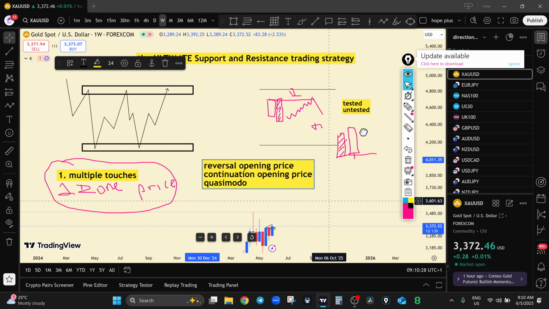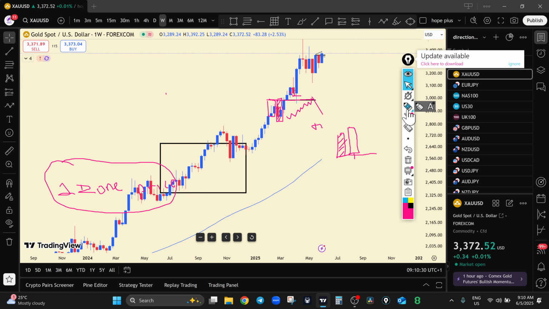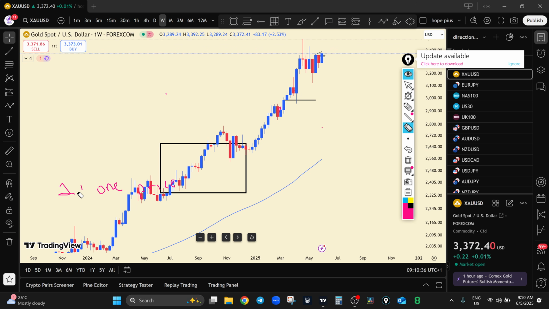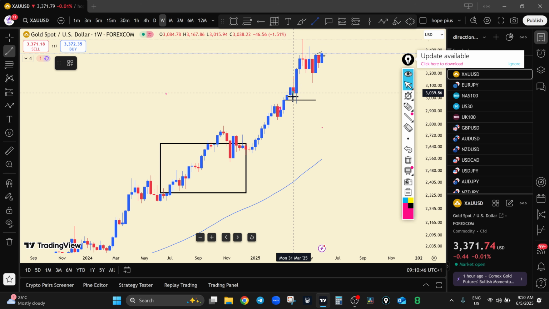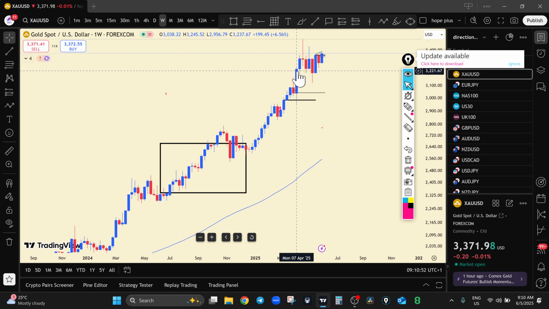Let's look at an example of this opening price on the chart. Another good example is here, a reversal opening price. The first candle is bearish, the second one is bullish. You mark here.